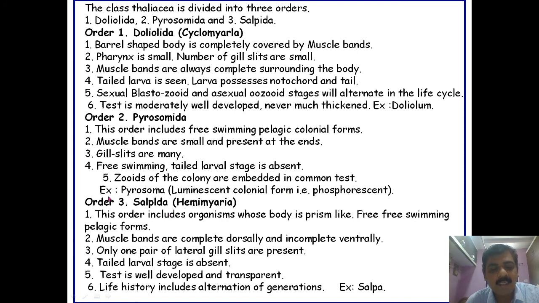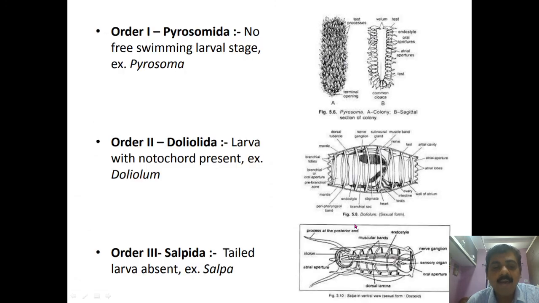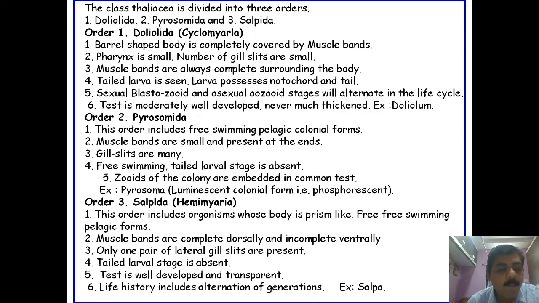Then the third order is Salpida, which we call Hemimyaria. This order includes organisms whose body is prism-like and free-swimming. These are pelagic forms. The muscle bands are complete on the dorsal side, while on the ventral side these muscle bands are not attached to each other. That is, they are incomplete, and therefore these are the Hemimyaria.